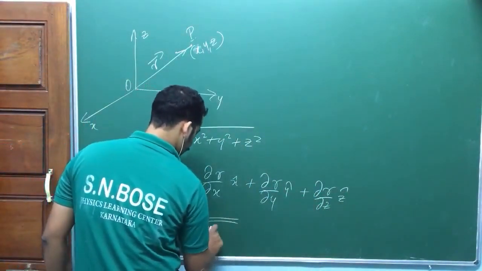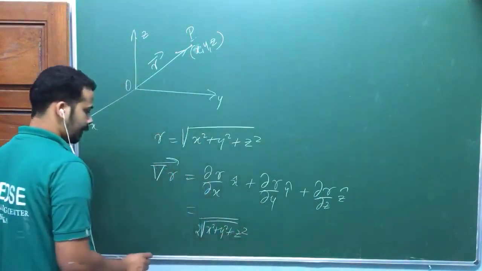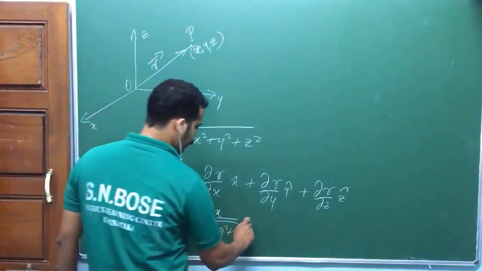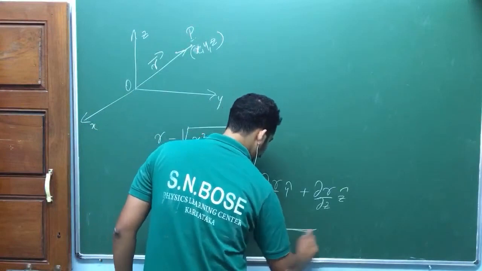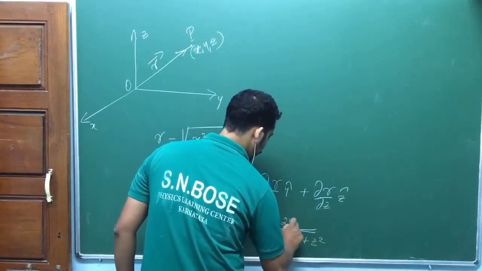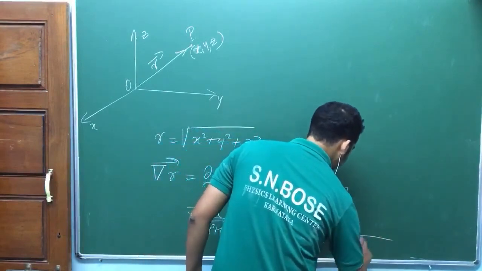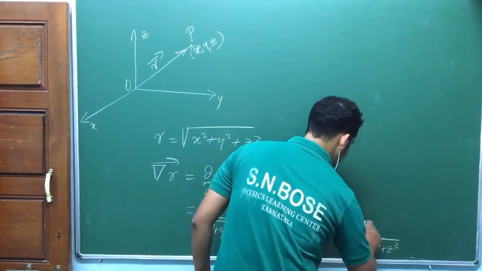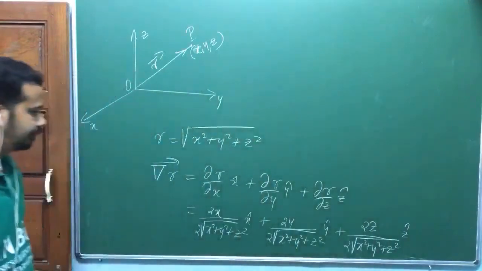It is 1 by 2 root of x square plus y square plus z square into 2x x cap, plus 1 by 2 root of x square plus y square plus z square into 2y y cap, plus 1 by 2 root of x square plus y square plus z square into 2z z cap, isn't it?